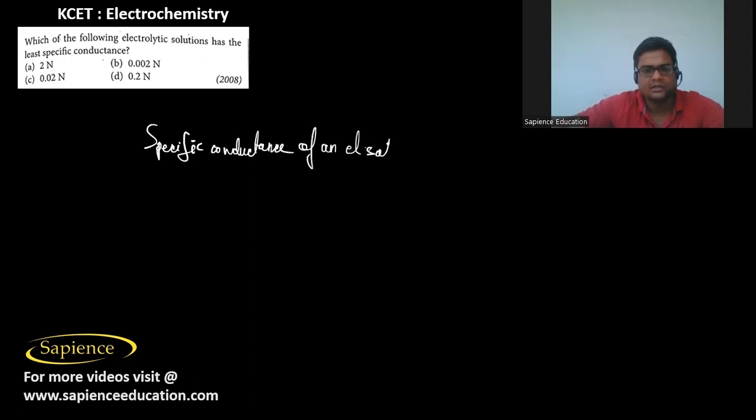Here it is told: which of the following electrolytic solutions has the least specific conductance? So the rule is that the specific conductance of an electrolytic solution is inversely proportional to the concentration of the electrolyte.